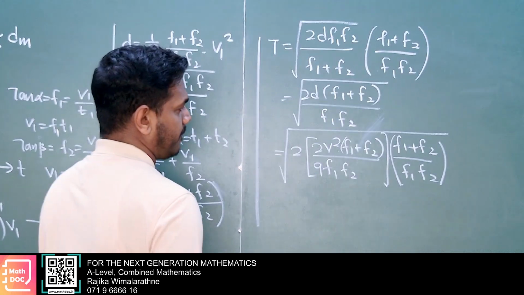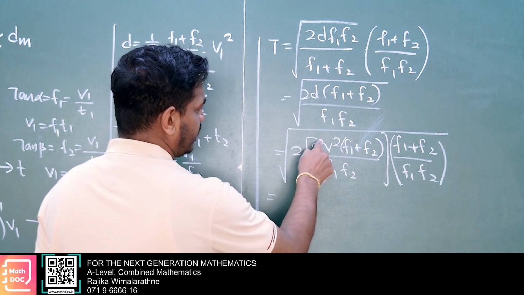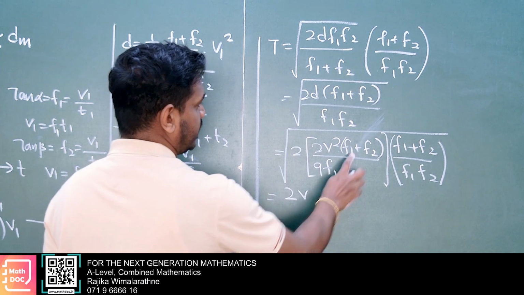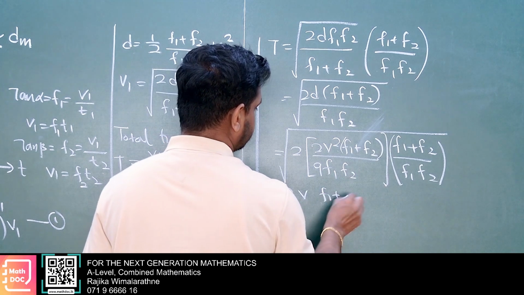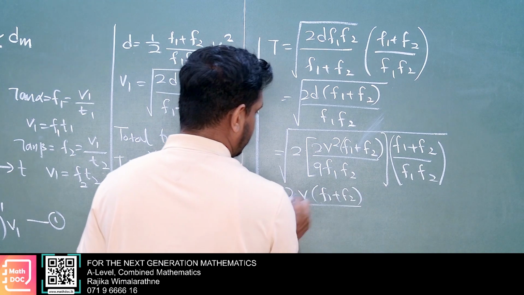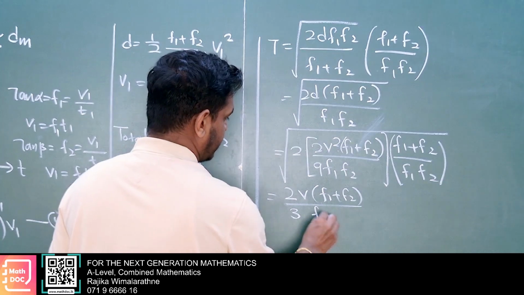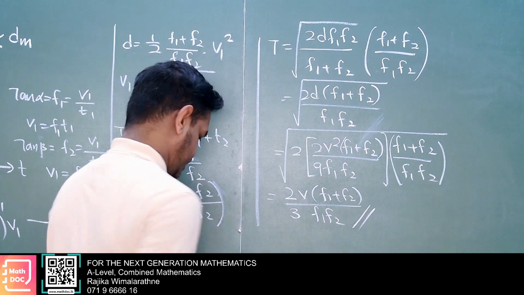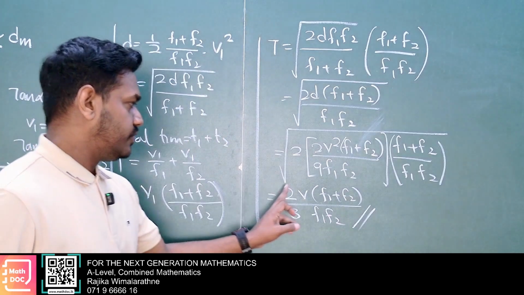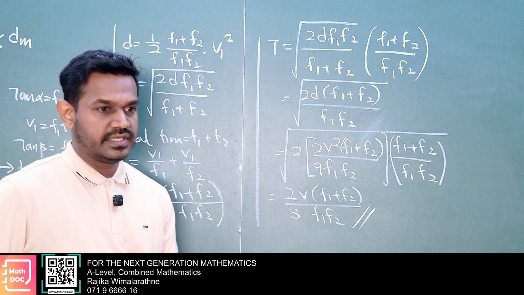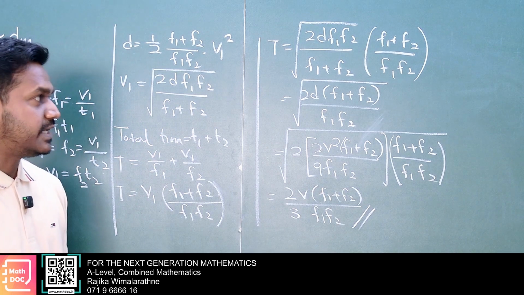Now you simplify. Here 2 square take outside, V square take V outside, F1 F2 square take F1 plus F2 outside, and 9 root is 3, F1 F2 square root F1 F2. Here the time now: 2V, F1 plus F2 over 3 F1 F2. Check simplification.